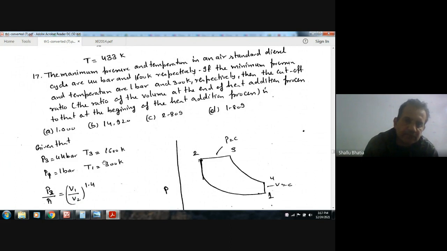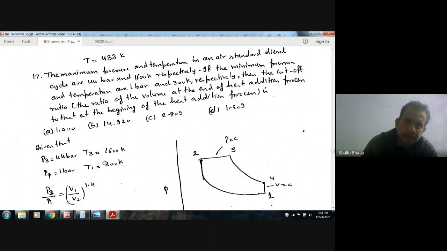If the minimum pressure and temperature are 1 bar and 300 Kelvin respectively, then the cutoff ratio, the ratio of the volume at the end of the heat addition process to the beginning of the heat addition process, is A 1, B 14.9, C 2.809 and D 1.8.